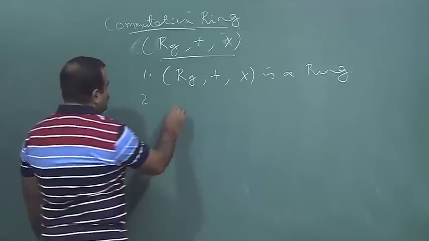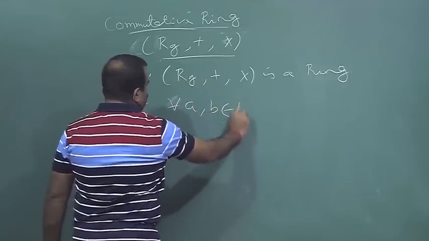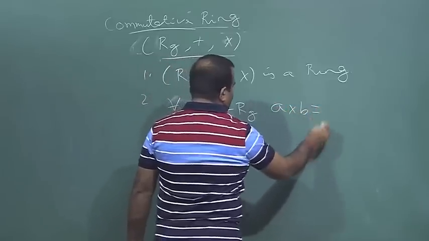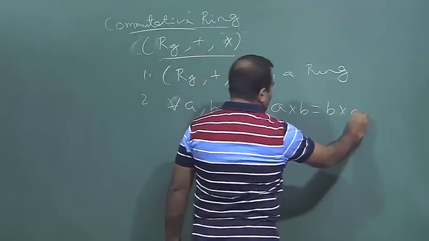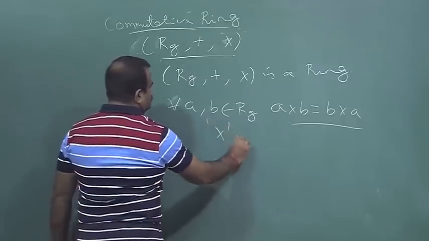So, that means for all a, b belonging to the group, a cross b, a dot b is equal to b dot a. So, that means this is abelian, this is commutative.